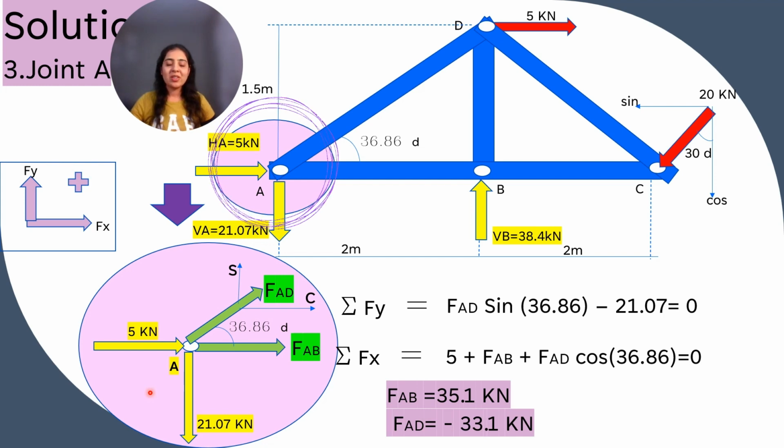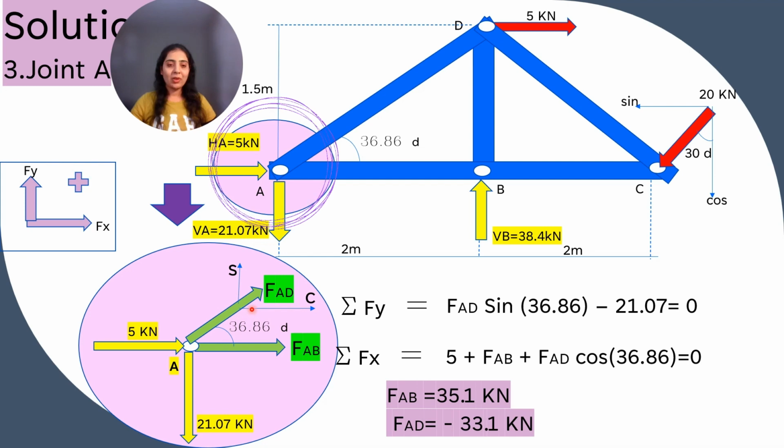The third equation, the summation of moment equation, we cannot apply, as the forces are all passing through a single point and the lever arm will be 0. So let's apply summation of Fy and summation of Fx. This inclined force concept will be required everywhere, so please learn this method.